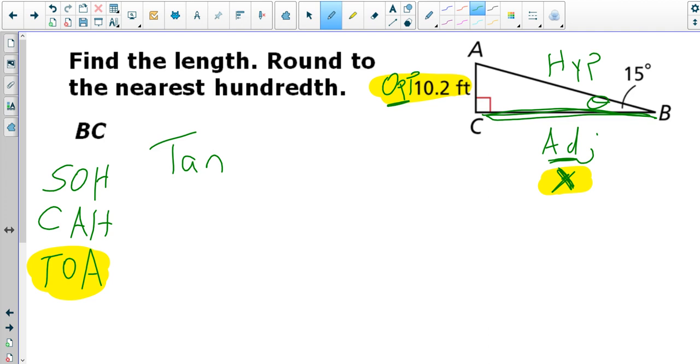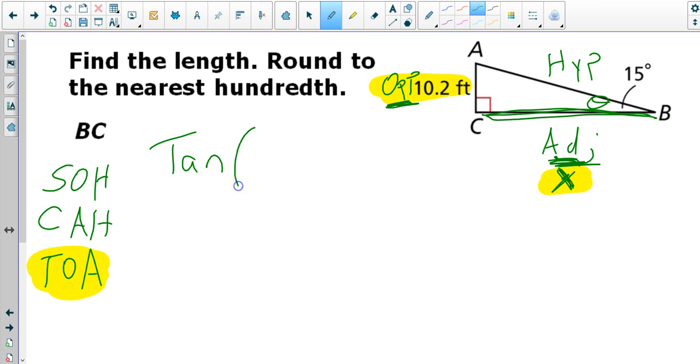Remember, I'm using tangent because I know the opposite and the adjacent. I know nothing about the hypotenuse, nor do I want to find the hypotenuse. That's why I'm not using sine or cosine. I normally will not write a function using secant, cosecant, or cotangent, just because those buttons are not on our calculator, so this makes it much easier to do.